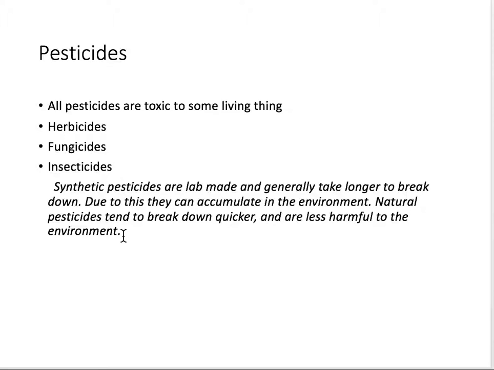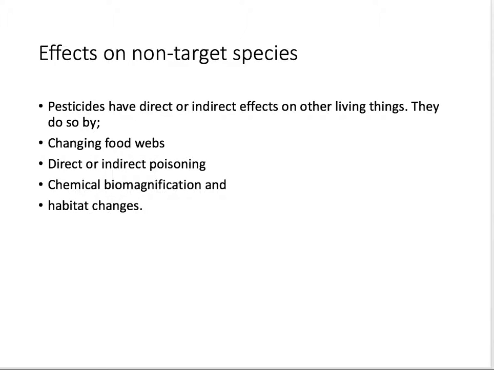Synthetic pesticides are made in labs and they take longer to break down naturally. Because of that, they end up sticking around for a long time and accumulating in the environment, because they don't easily get broken down. Whereas natural pesticides tend to break down a lot quicker and are less harmful.